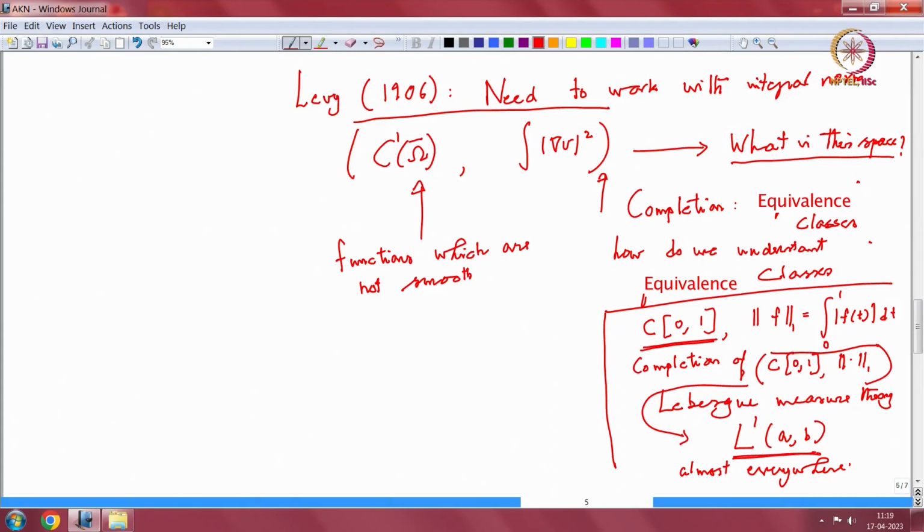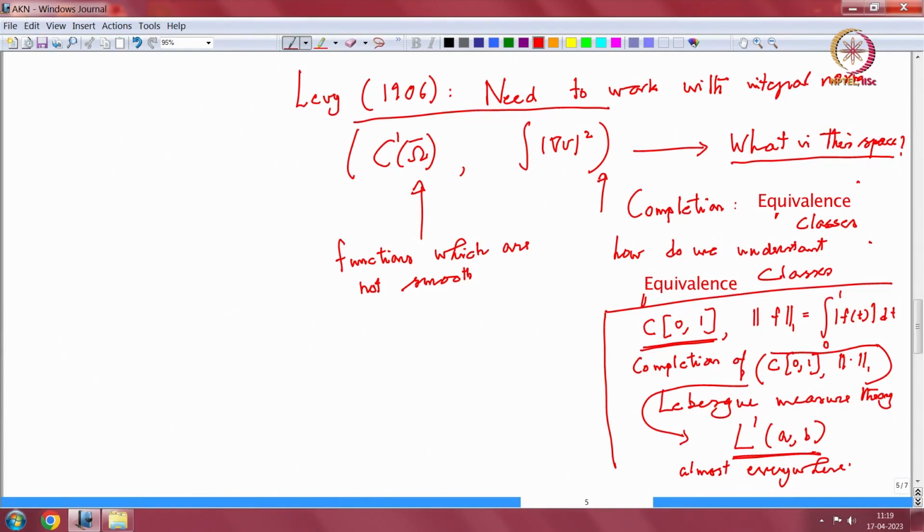Whatever property you have, when you have a space and a norm and look at the completion, it may preserve the property of the norm but not the underlying property of the space. For C[0,1], the underlying property of continuity may not be preserved under completion.